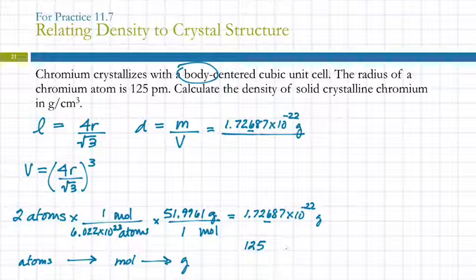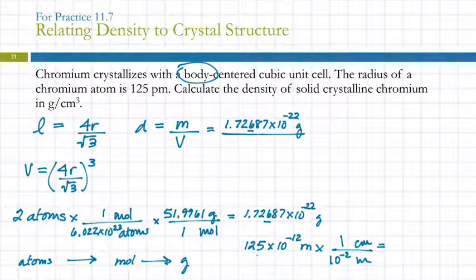So if I erase this, and instead of pico, I write times 10 to the minus 12, because that's what the pico represents, meters. And then I can convert this to centimeters. Centimeters up here, meters down there. 1 centimeter is 10 to the minus 2 meters. And so we end up with 1.25 times 10 to the minus 8th centimeters as the radius of a chromium atom in centimeters.